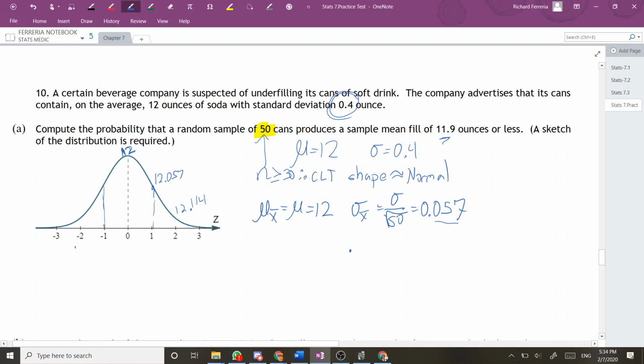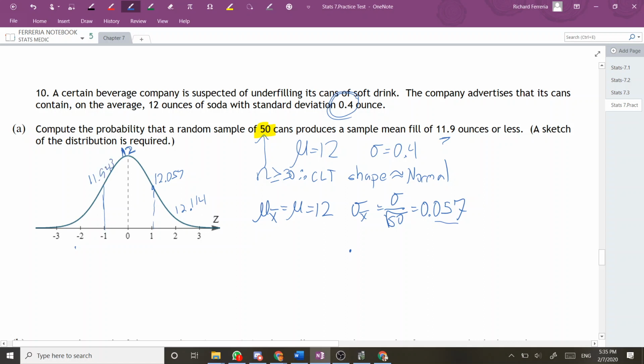That's going to be 12 minus 0.057, and it's getting late, and I don't want to do this in my head anymore. So 12 minus 0.057 is 11.943.